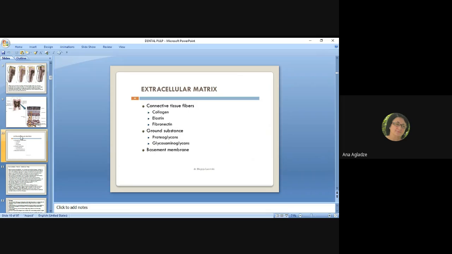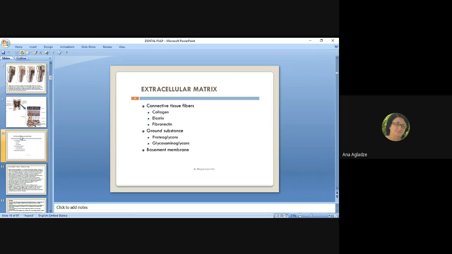The main collagen type is type 1 collagen, which is the ubiquitous type of collagen, about 60%. And also you can find here the collagen type 3, which is about 40%.